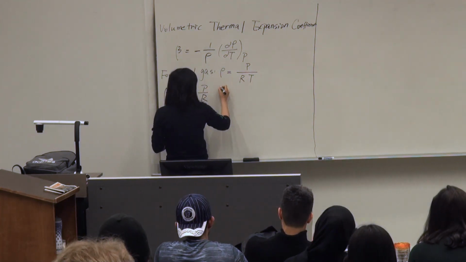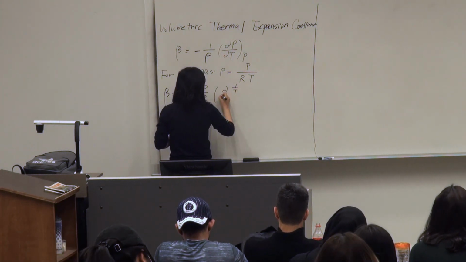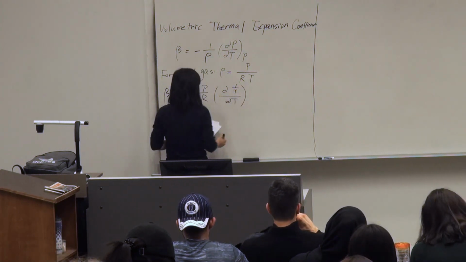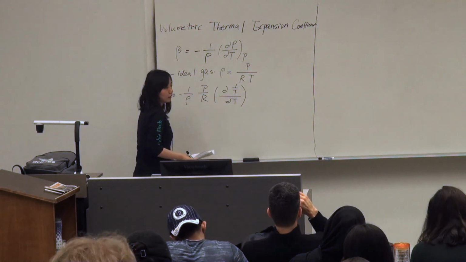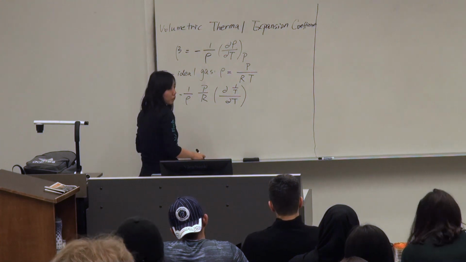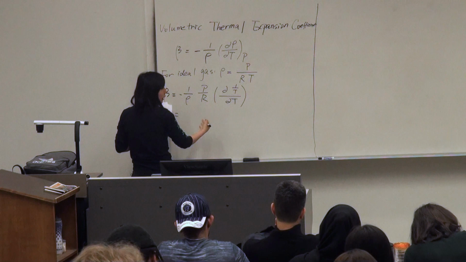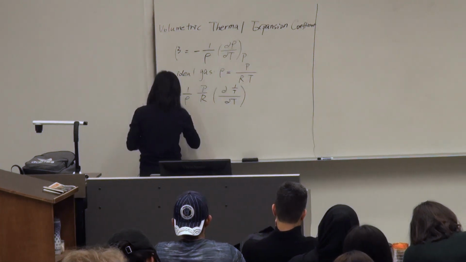And then we have only 1 over T left with respect to temperature. This gives us minus 1 over T squared. The two negative signs give us a positive sign.